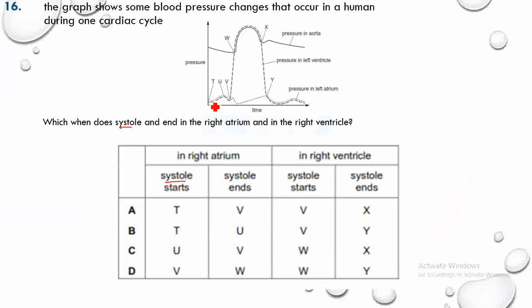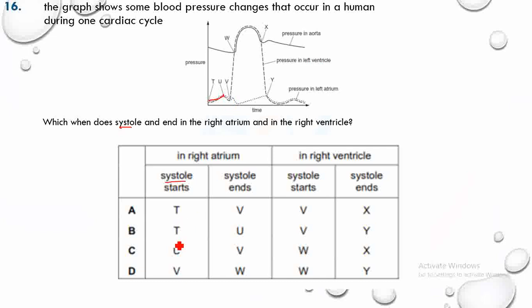In systole, the atrial muscles start contracting, and that is why it increases from T to U, but mainly U, of course.